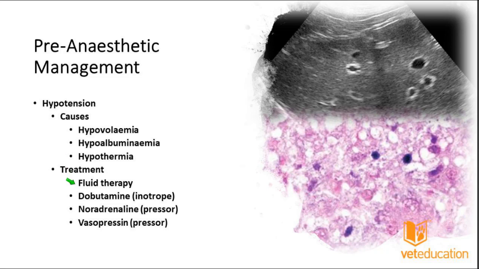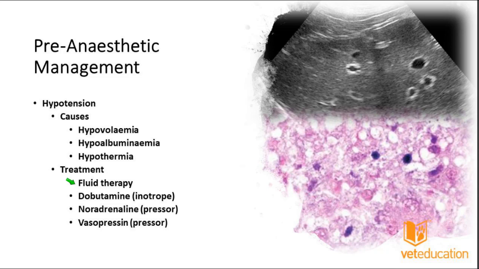So we treat these patients with fluid therapy, preferably a lactate-free fluid therapy. Ringer's acetate is probably better than a lactated Ringer's solution for these patients. We treat shock, we rehydrate our patients with this fluid, and then we provide fluid for maintenance.